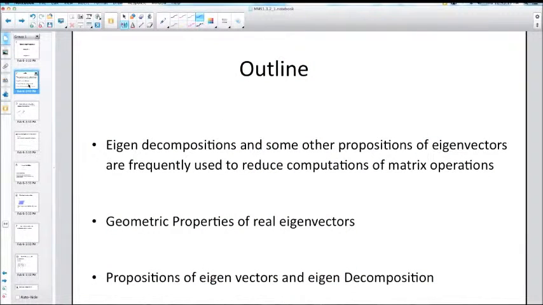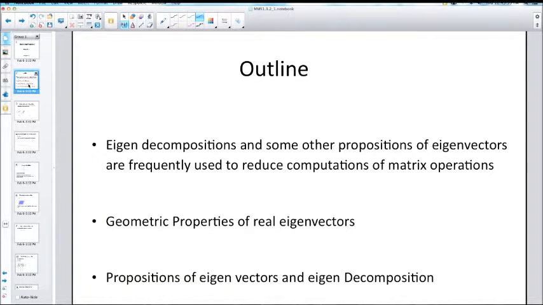In this lesson, we first will look at more examples of the geometrical meaning of eigenvectors. And then we're going to talk about eigen decomposition and some propositions of eigenvector.